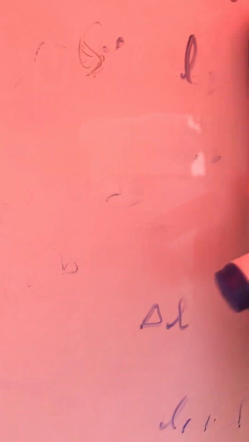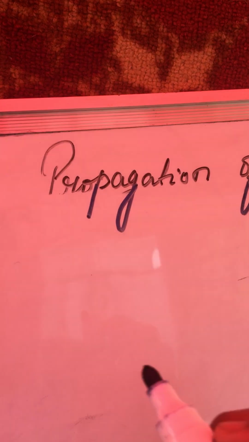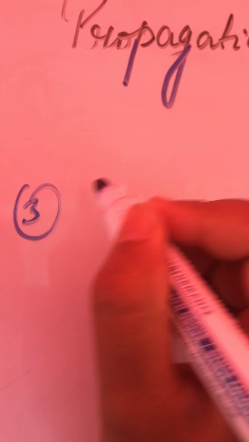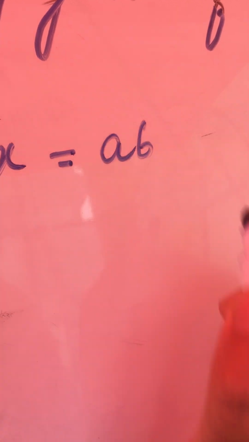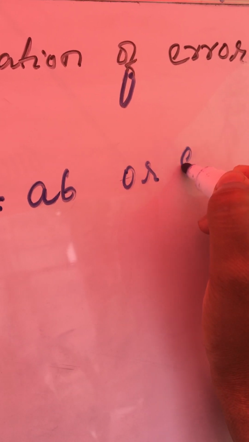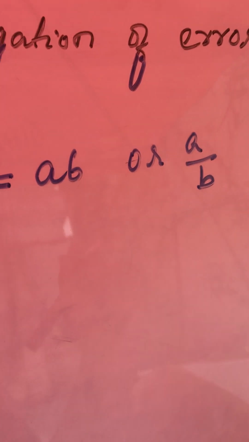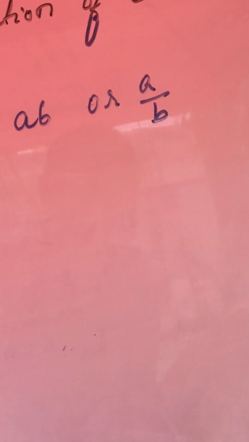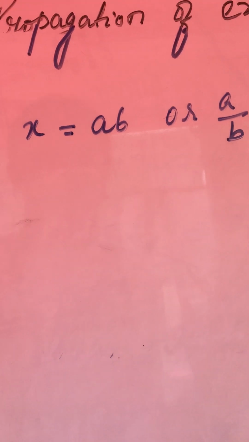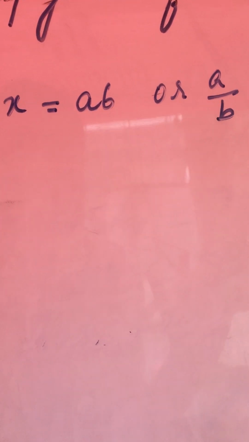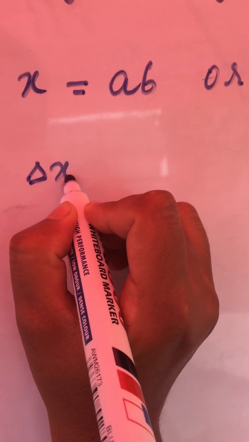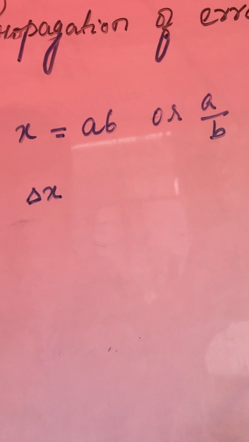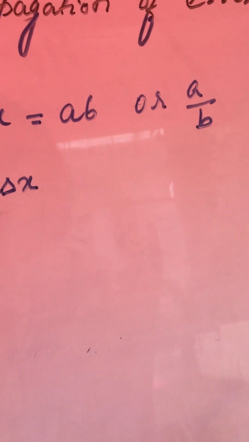Now coming to the operations multiplication and division, number 3. If x is equal to a into b or a by b, multiplication and division, for both the same thing holds. In that case, what is the absolute error? I am not showing the derivation, how it comes, because it is not needed.